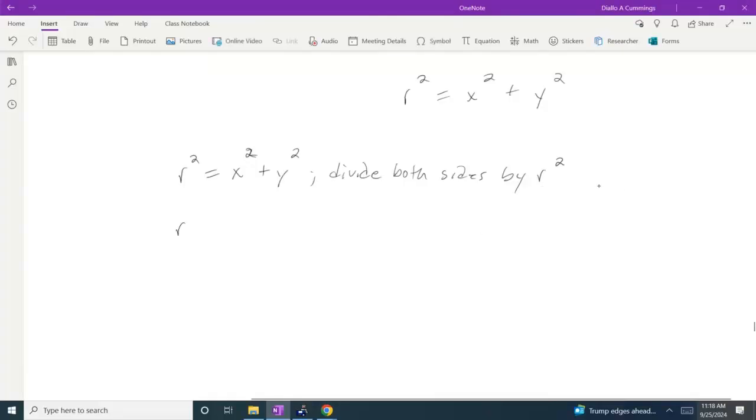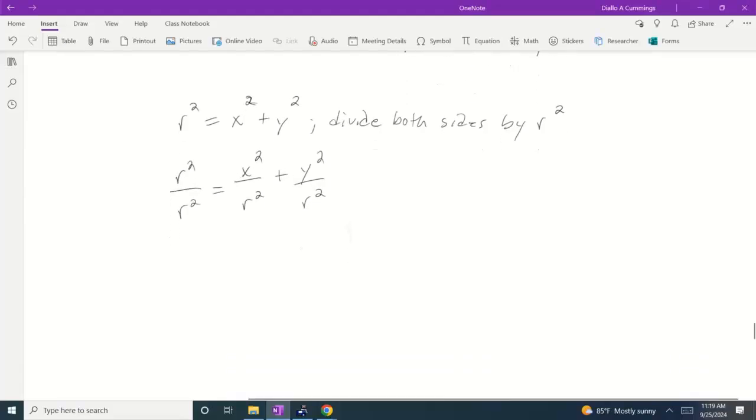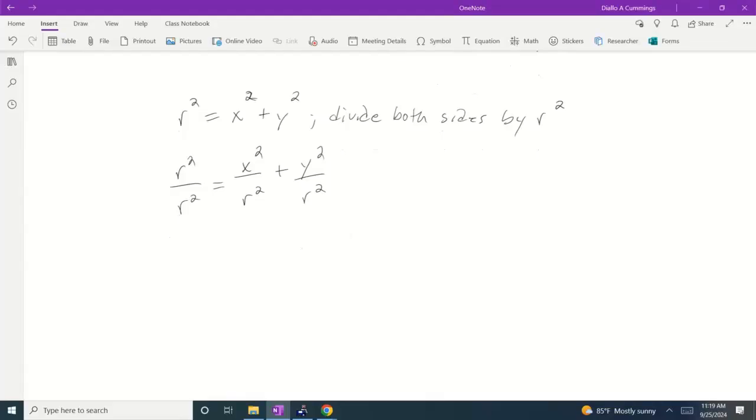So if I divide the left-hand side by r squared, that's r squared over r squared. If I divide my right-hand side by r squared, I'm going to divide everything by r squared. Right, so what I've simply done was divide both sides by r squared, which is mathematically a legitimate thing to do. So now I'm just going to rewrite these fractions.